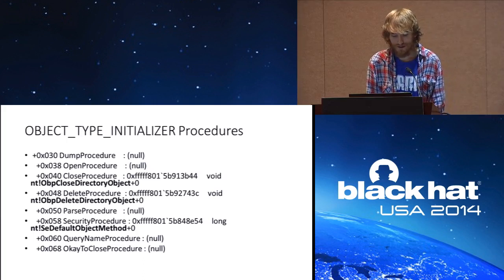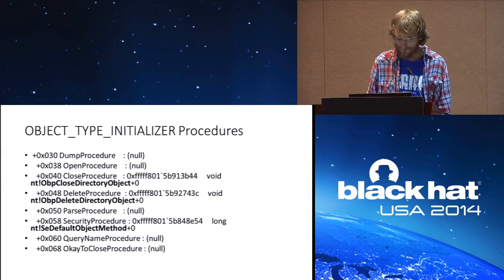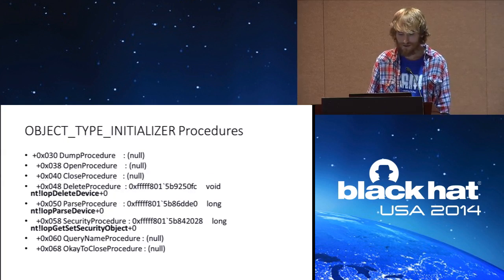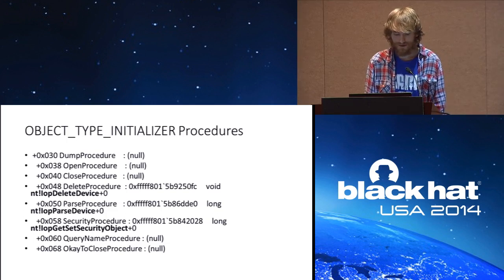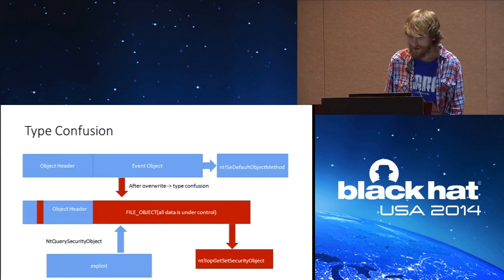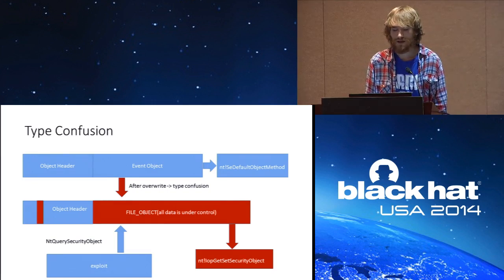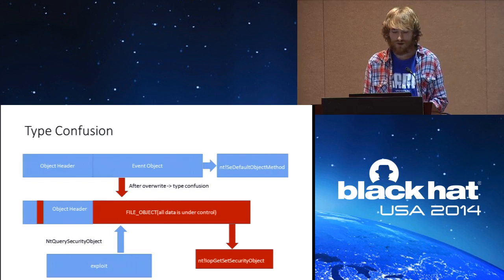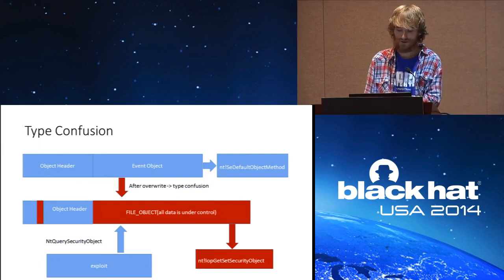As you can see, for example, the security procedure is SeDefaultObjectMethod. And if we take a look at the file or device object type, the security procedure is a different one. So, for example, if we spray a pool with event objects, the object type of event contains the security procedure initialized as the default object method.